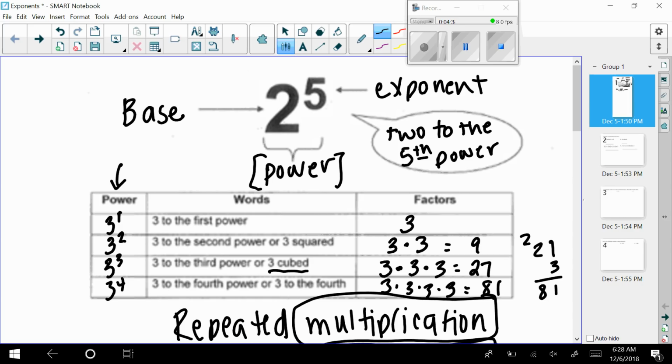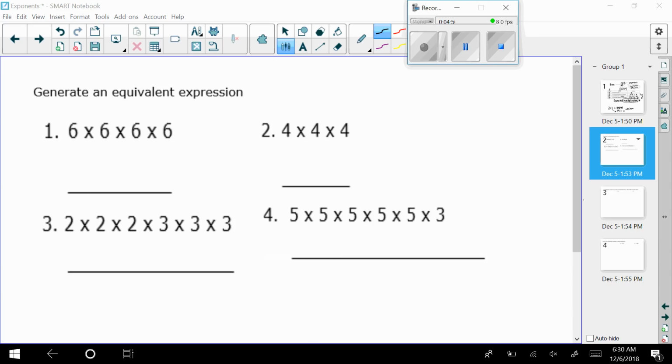So with exponents, you can get to a larger number faster, okay? And you'll see these come up a lot in science, you'll use these in algebra, but this is just the beginning. The key here is that you have to remember that it's repeated multiplication.